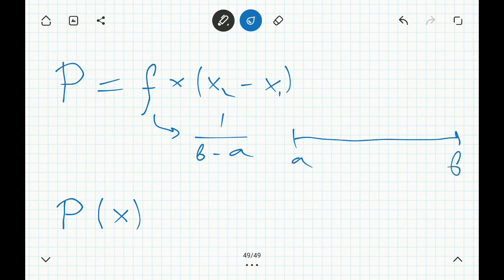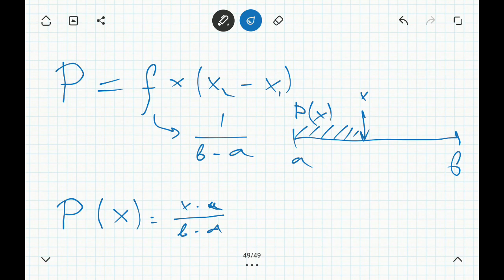Now I choose only one point x on the interval, and I want to find the probability that my variable will be in the part of the segment which is to the left of x. So in this part, starting with a and ending with x, and I will call that probability p of x. Here it's x minus a over b minus a. It depends on x, it's a function of x.